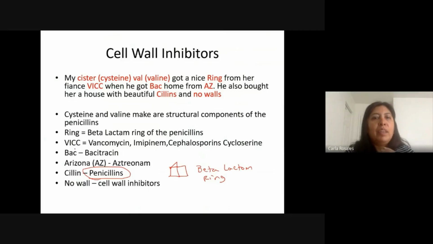Yeah, that the beta-lactam ring of the penicillins breaks the structure of the bacteria, and if we want to, we can add cell wall inhibitors to make the penicillin stronger. No. All right, I see.